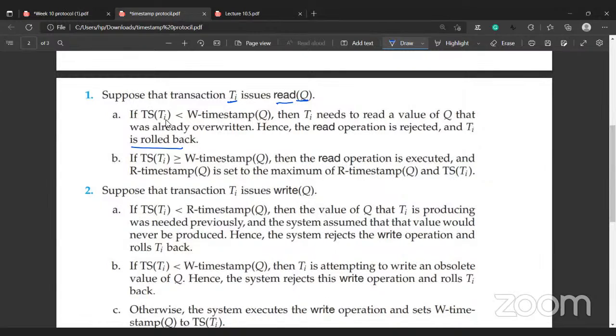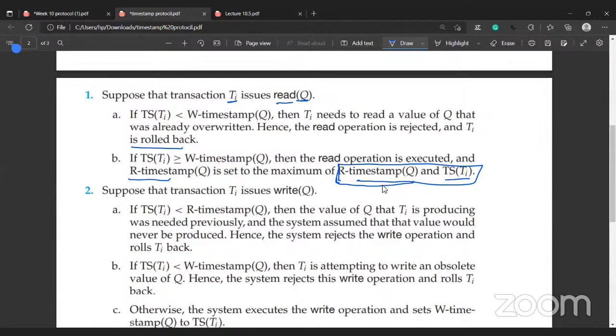If the timestamp of Ti is greater than the write timestamp of Q, then the read operation is executed and the read timestamp of Q will be the maximum of the read timestamp of Q and the timestamp of Ti. It will be the largest among the two values. We will see with the help of an example.